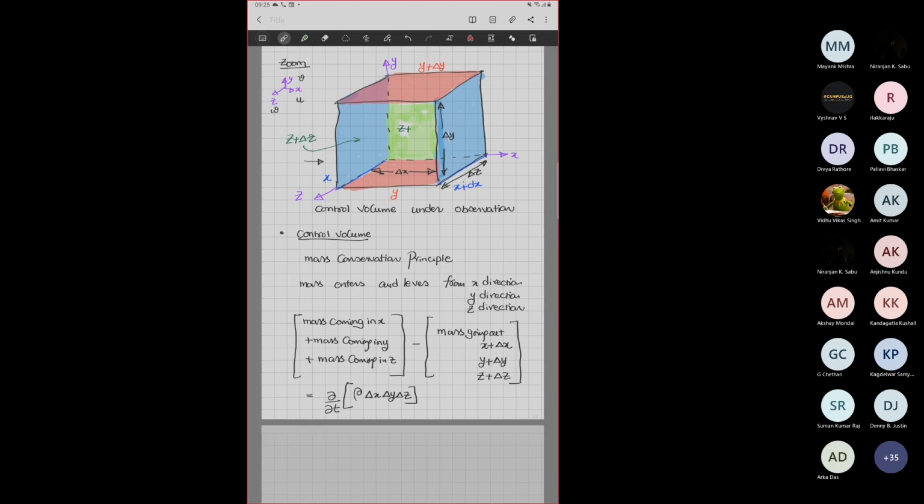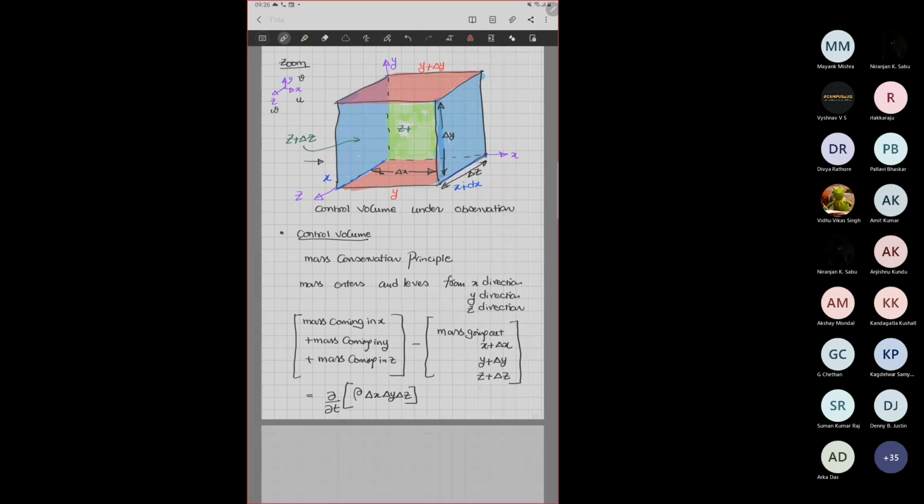Whatever the total mass of that particular fluid within that box, how it is going to increase over time if mass coming in x direction minus mass going out from x plus delta x, y plus delta y, z plus delta z. Now the question, the sign we have to really decide. Maybe coming in is more than going out.